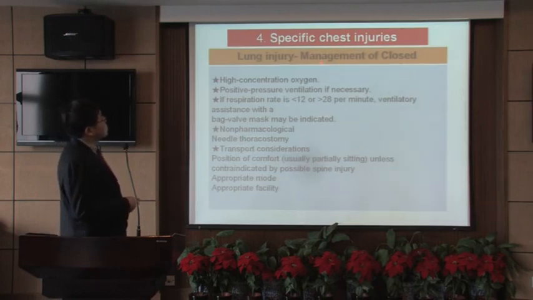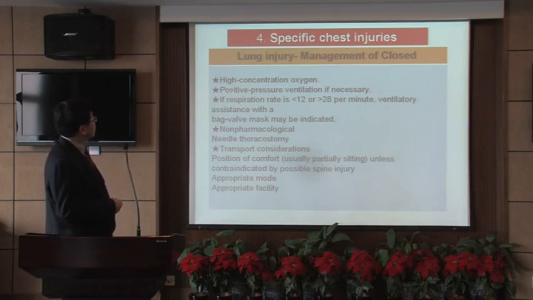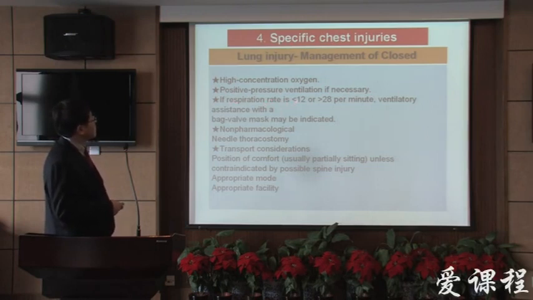How can we manage the closed pneumothorax? High concentration oxygen, and positive pressure ventilation if necessary. If the respiration rate is less than 12 or more than 28 per minute, ventilator assistance with a bag-valve mask may be indicated.